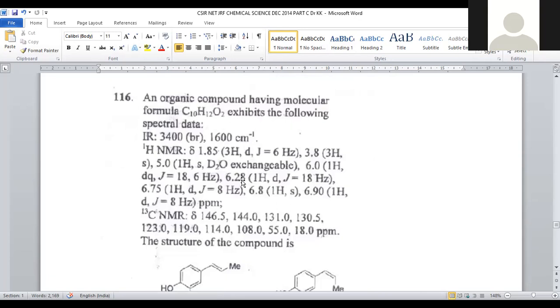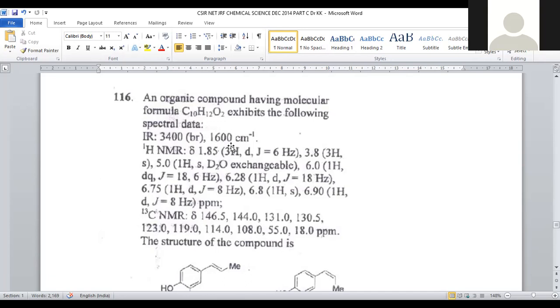Again, it is a question from spectrochemical analysis of organic compounds. An organic compound having molecular formula C10H12O2 exhibits the following spectral data: IR 3400 and then the second is about 1600. So a broad peak appears at 3400. 3400 is a characteristic peak for a hydroxy functional group, right?